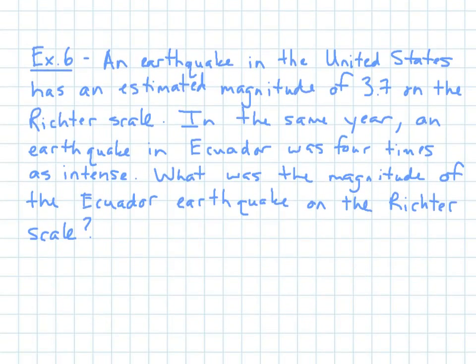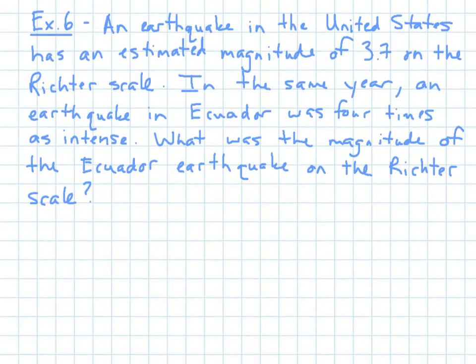Example 6: an earthquake in the United States has an estimated magnitude of 3.7 on the Richter scale. In the same year, an earthquake in Ecuador was 4 times as intense. What was the magnitude of the Ecuador earthquake on the Richter scale? So first, let's use our formula to represent the other magnitude.